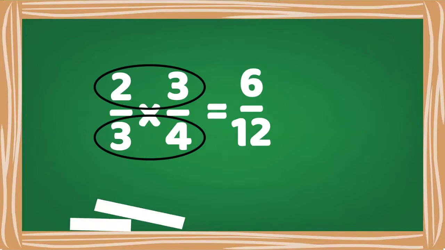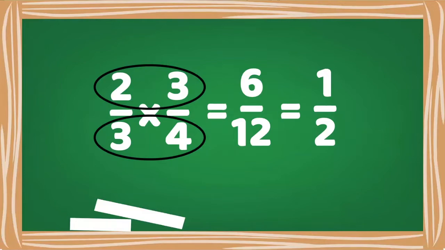In our previous lesson, we learned that this answer can still be simplified by looking for the GCF of the numerator and the denominator and dividing both by this GCF. The GCF of 6 and 12 is 6. So, we divide the top and the bottom numbers by 6 and we get the final answer, which is 1/2. And now, our answer is simplified.